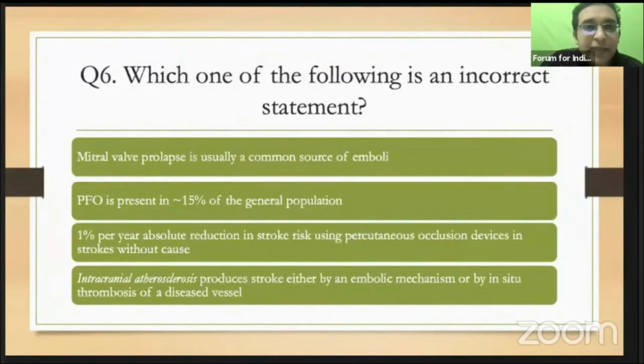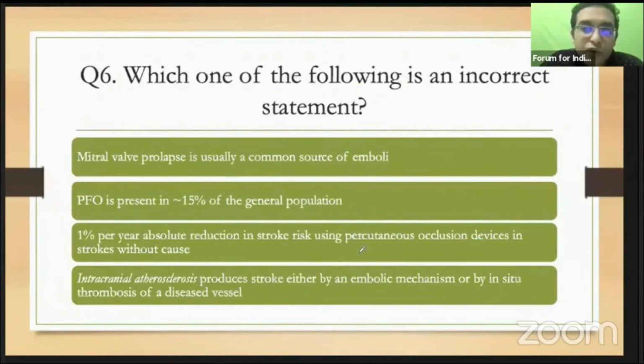PFO is patent foramen ovale, and it is common to see. And actually, if you work up a stroke, especially if you look for a large artery occlusion or an embolic source from the heart, and if you don't find any answers, usually we may think that it could also be due to a PFO. And PFO, as you know, is present in 15% of the population.